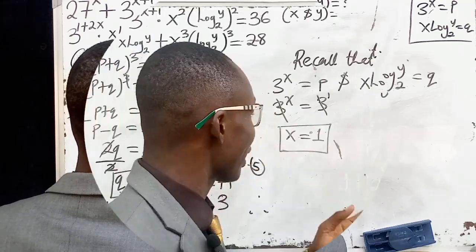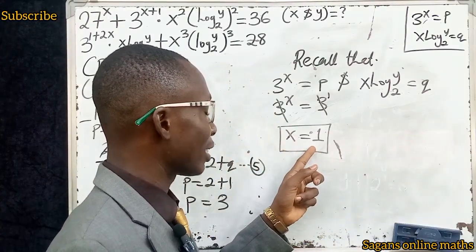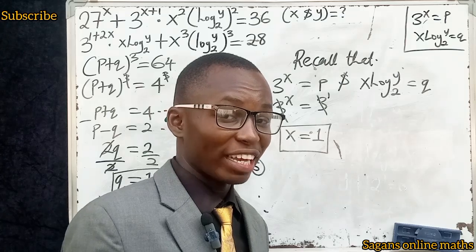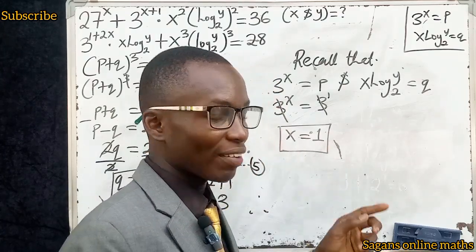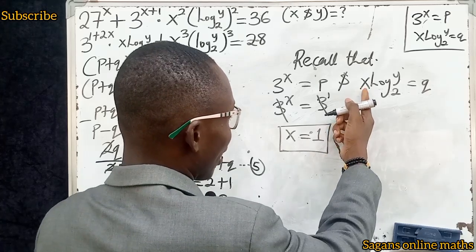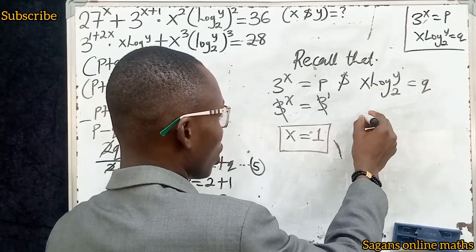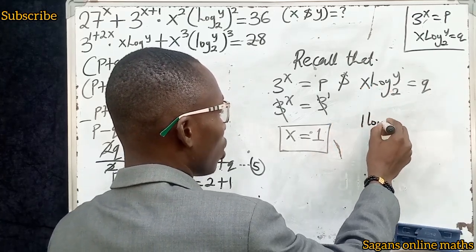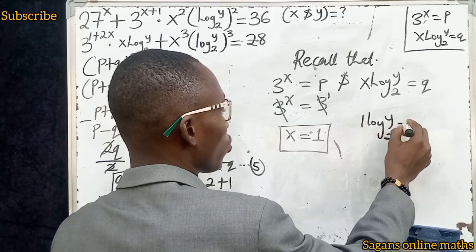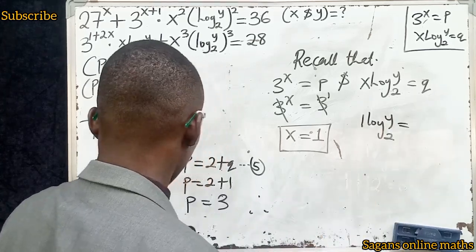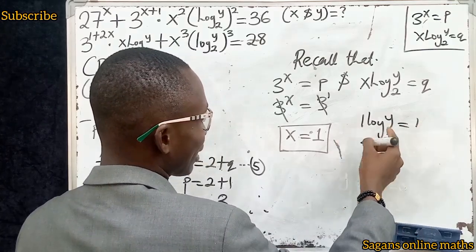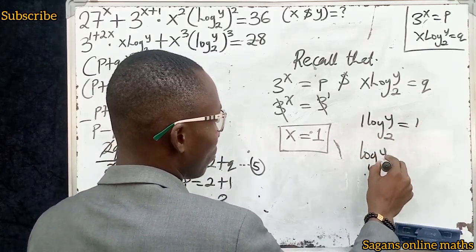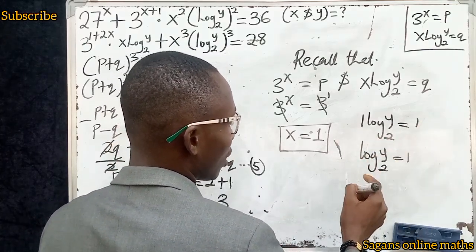Now you can see that our x is 1, so it's easy for us to find our value of y. Can you see how simple it is? Now from here, look at x log y base 2. You can have 1 times log y base 2 is equal to q. Our q is 1. So 1 times this, I'm going to have log y base 2 equals 1.